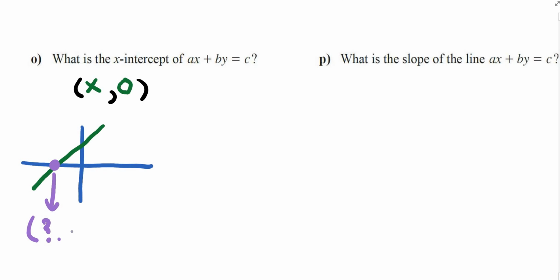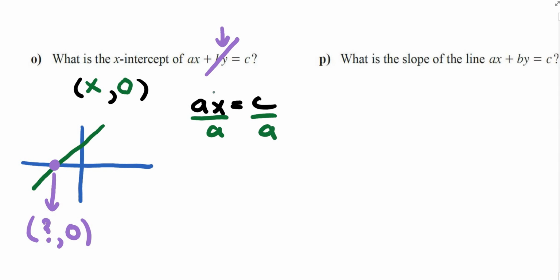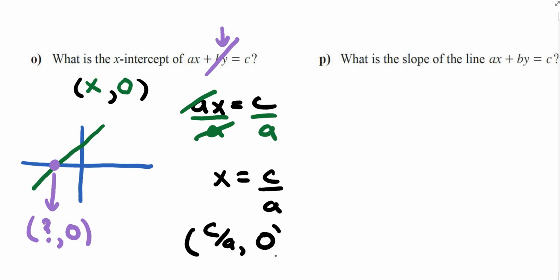This is a random x value, but the y value is always 0, right? Now, if y is always 0, then over here, the y that is touching the b just goes to 0, right? So 0 times b is just 0. So I have ax equals c, and then divide both sides by a. Those a's cancel off. x equals c over a. So my x-intercept is c over a, comma, 0.